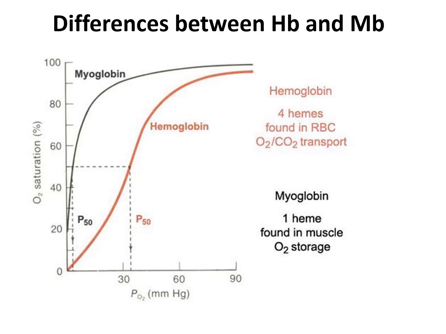And that for myoglobin, no matter how much you decrease the PO2, going from 90, say, to 20, you still do not release much oxygen to the tissues.